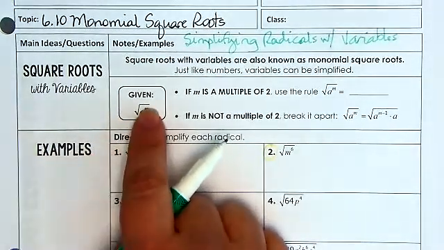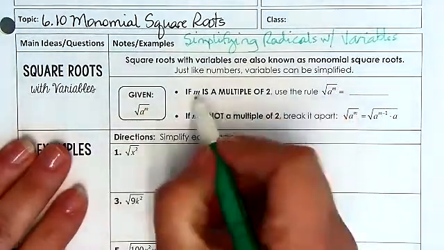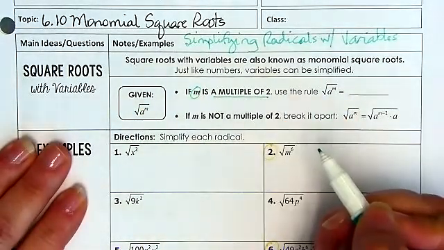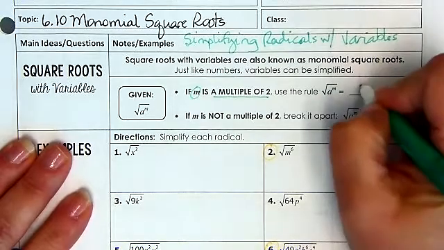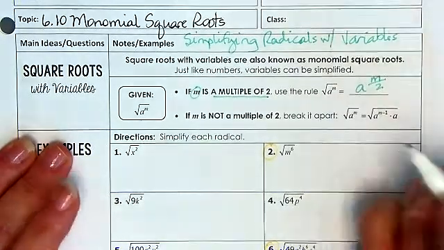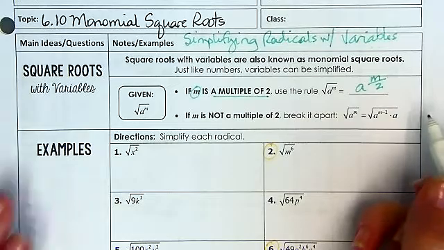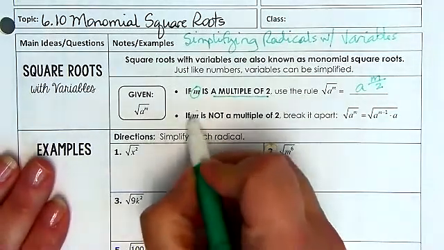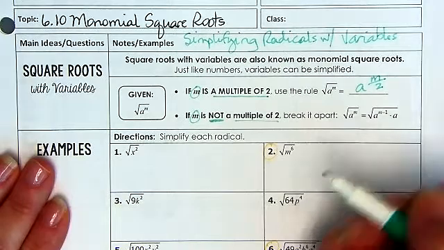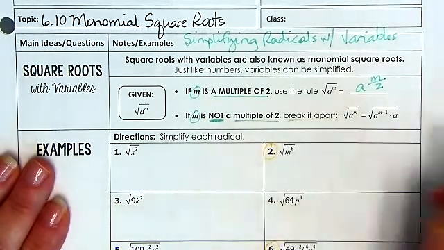m, well, if m is a multiple of 2, then you're going to use the rule of just doing a to the m divided by 2. If m is not a multiple of 2, then you're going to break it apart.